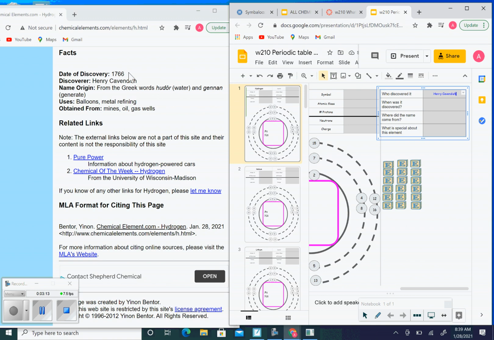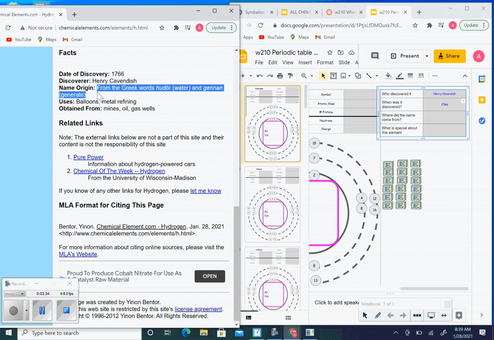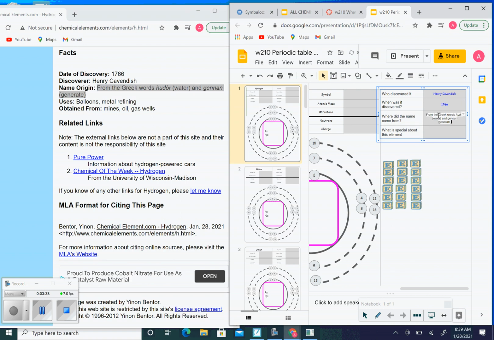When it was discovered was right here, 1766. Where did the name come from? The name origin is from the Greek words hudor, and genen is generate. Water generates. So I'm going to grab this information, Control C, and I'm going to drop that right there.